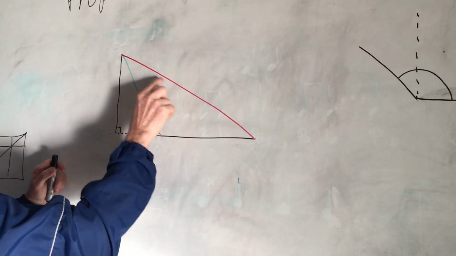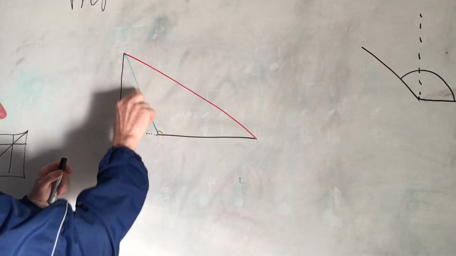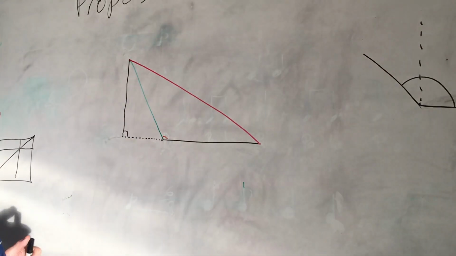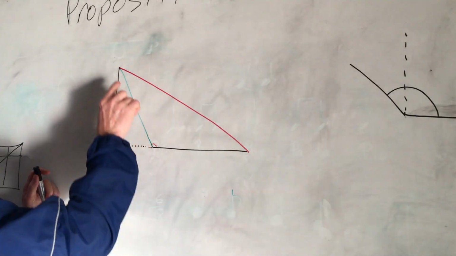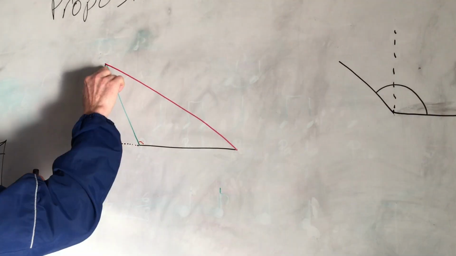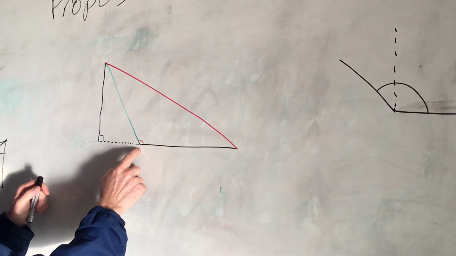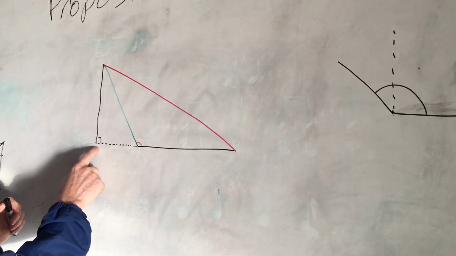Get that? The square on this is equal to the square on this and the square on this plus twice the rectangle contained by this and this, which is another way of saying that the square on this is greater than the square on this and the square on this by twice the rectangle contained by this and this.